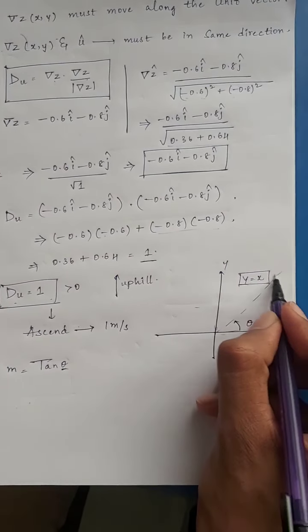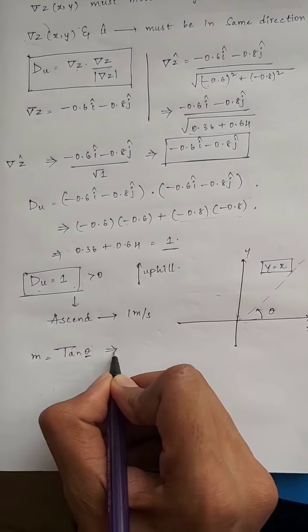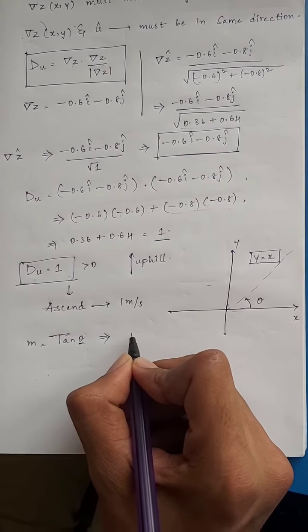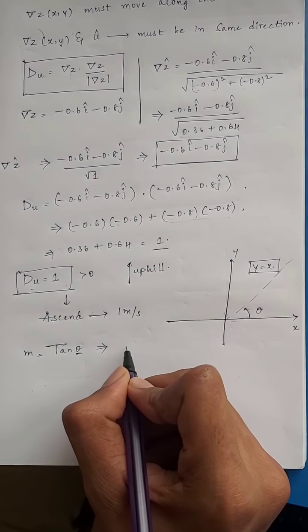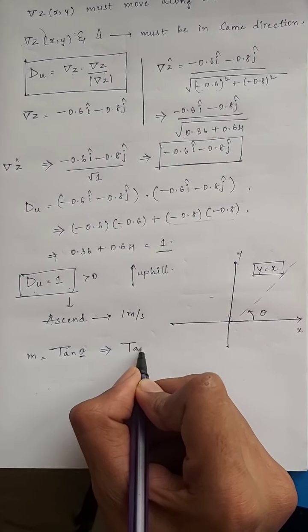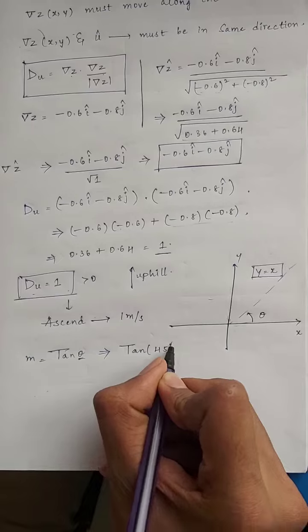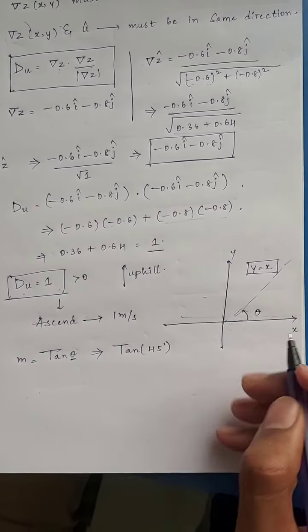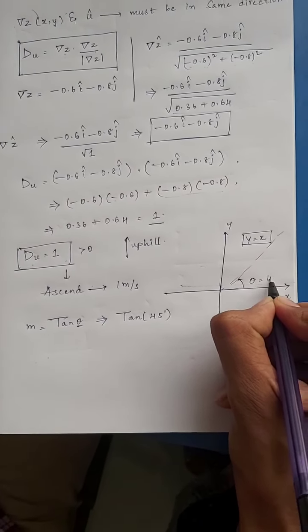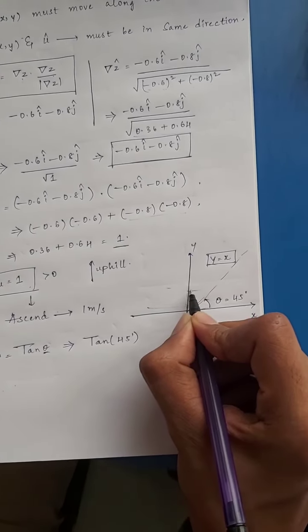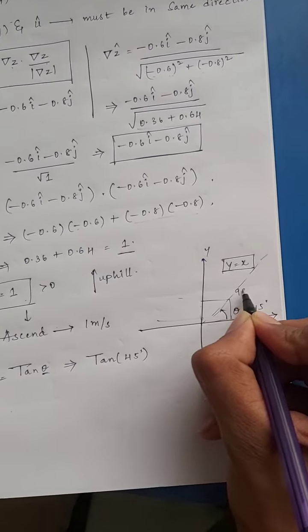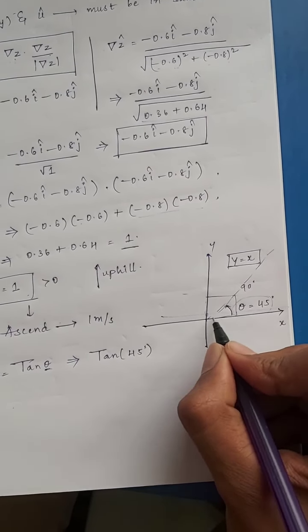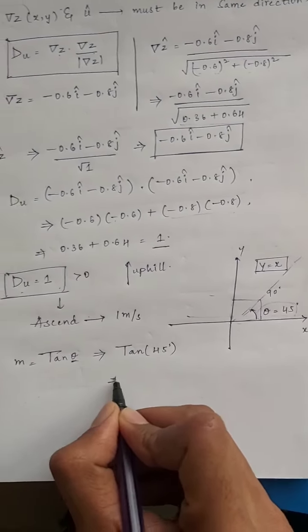Since it is comparable to the line y equals x, the slope would be tan 45. Since this line is bisecting the axes, and the whole angle is 90 degrees, this angle would be 45 degrees as it is a bisector of the axis.